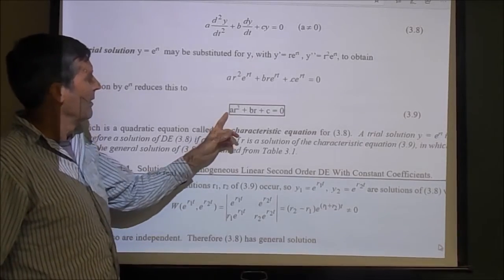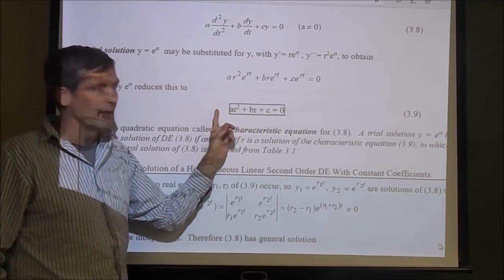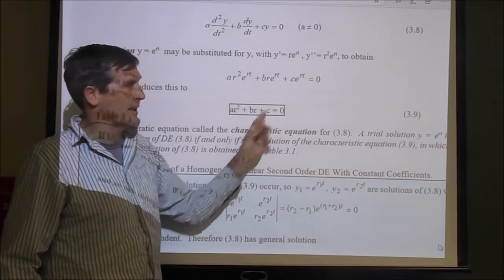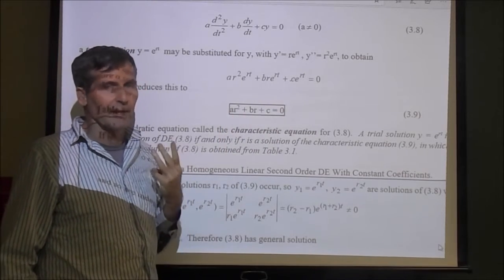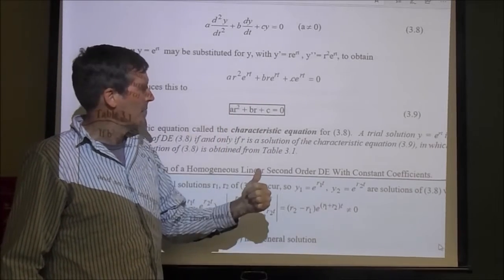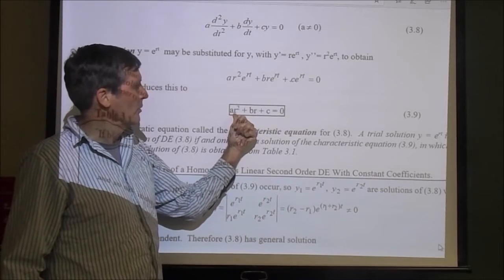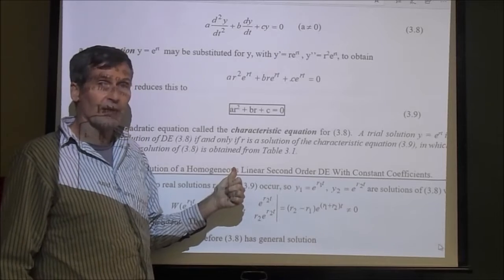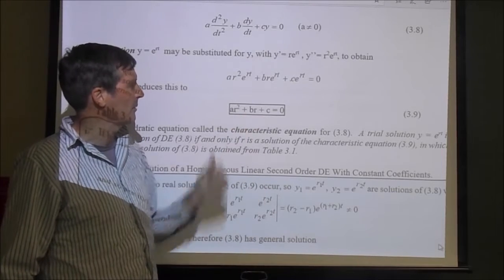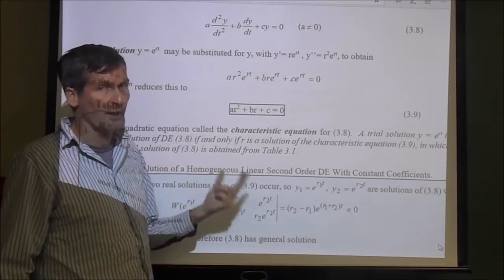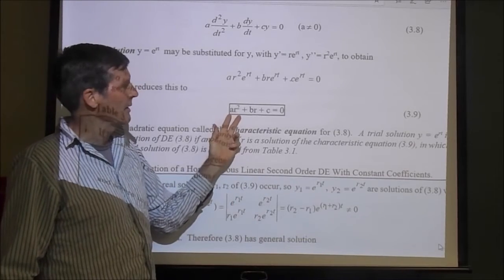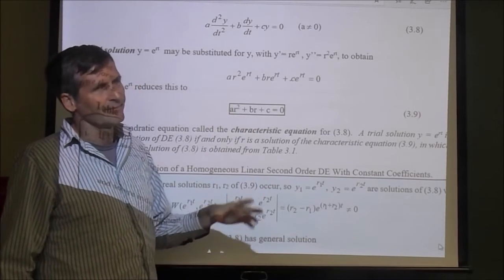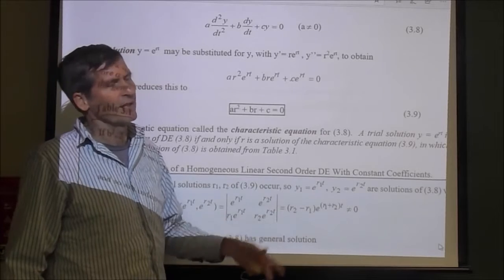Now, remember from algebra how to solve a quadratic equation. There are three different cases, right? You could have distinct real numbers, r1, r2, that both satisfy this. You have equal real numbers, r1 and r2, that both satisfy this. Or you can have complex conjugate numbers, alpha plus i beta, alpha minus i beta.